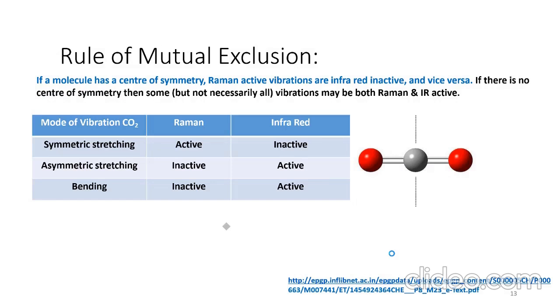The symmetric stretching is active in the Raman, however inactive in infrared. And asymmetric stretching will be inactive in Raman but active in IR. And for the bending, the Raman signal can be very weak or inactive, but in the IR those will be very good signals.